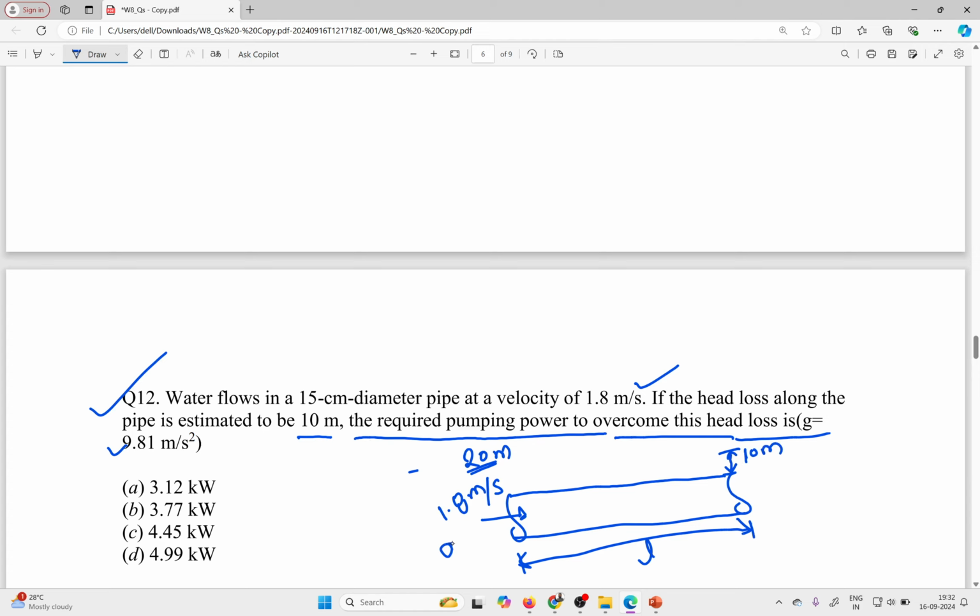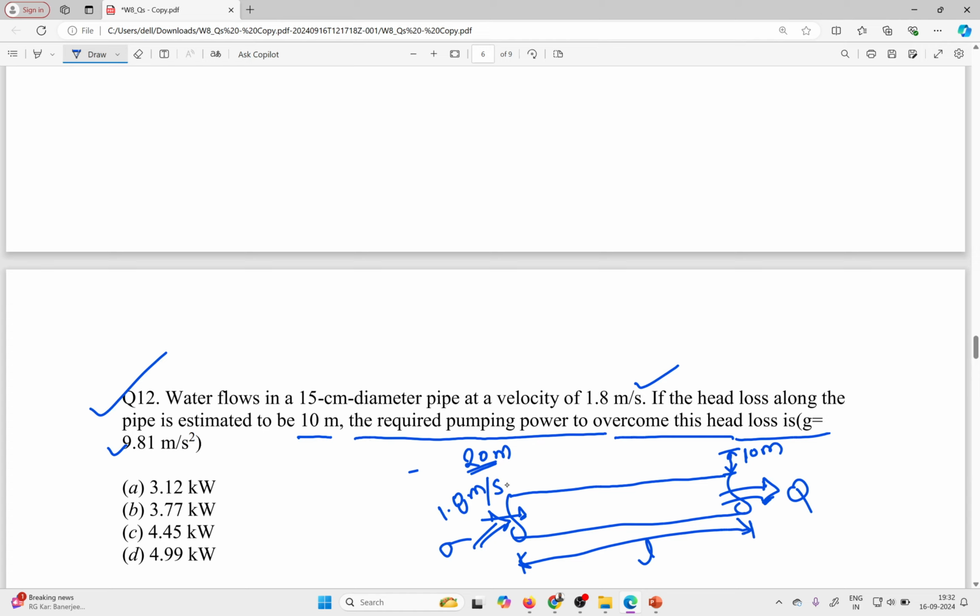Here is a pump, so you are pumping the water through the pump. Now your head is less here, so what will happen? The losses will be more.